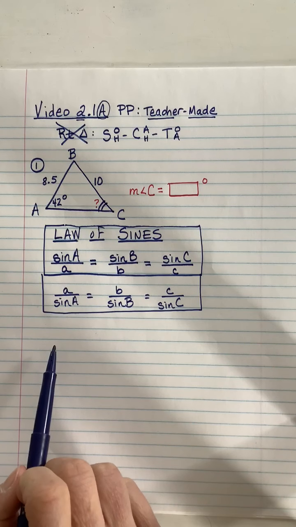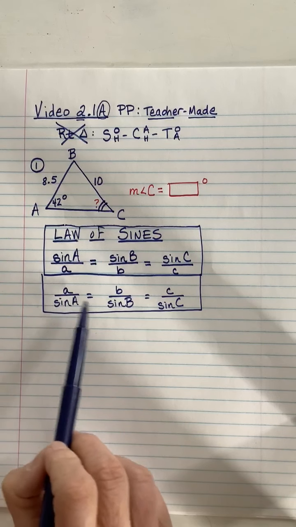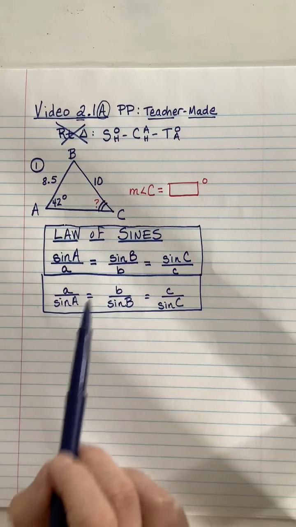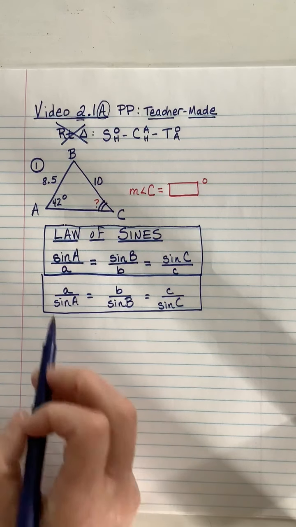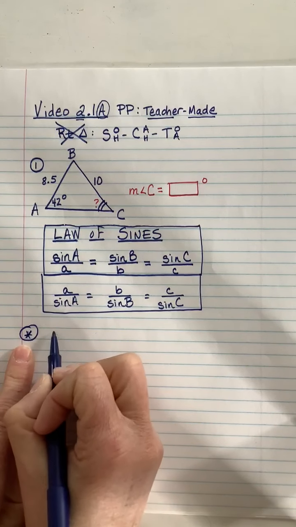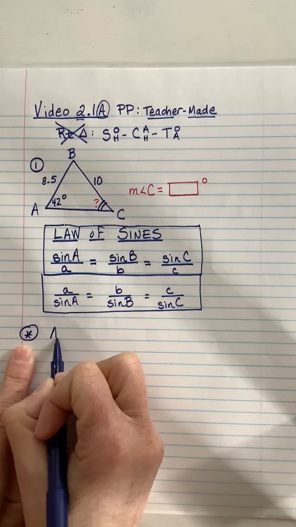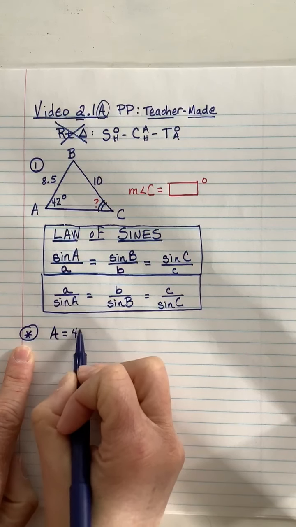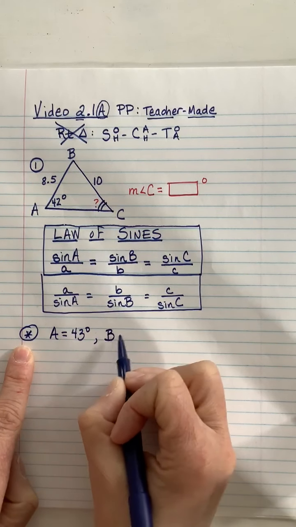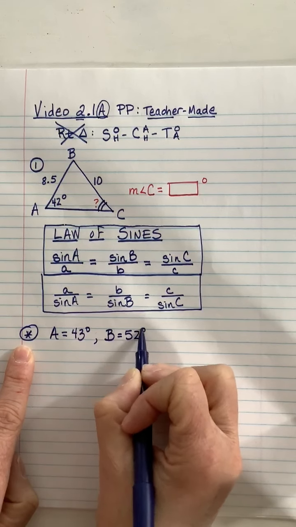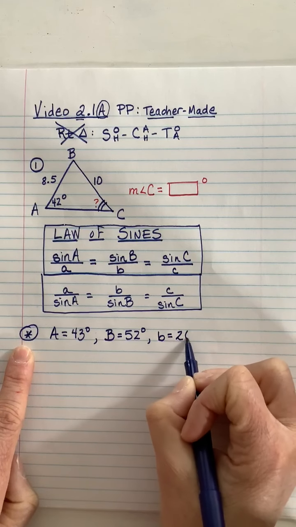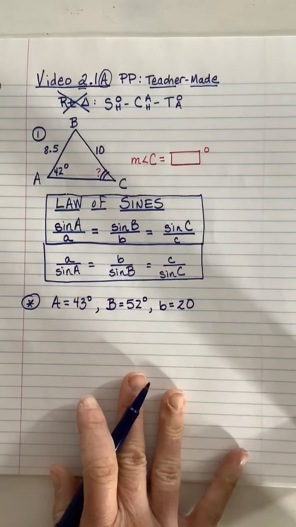What I just want you to practice with today is simply the mathematics behind solving an equation which is set up as two equivalent ratios. So our intro problem here is: what if we know that angle A is 43 degrees, angle B is 52 degrees, and little b, or side B, is 20 units long?